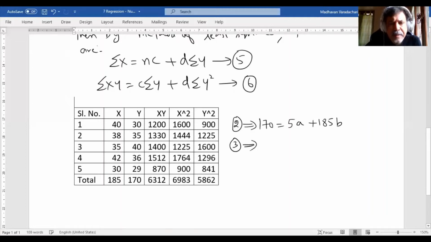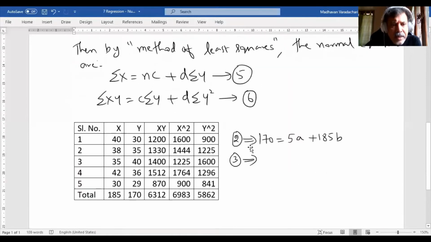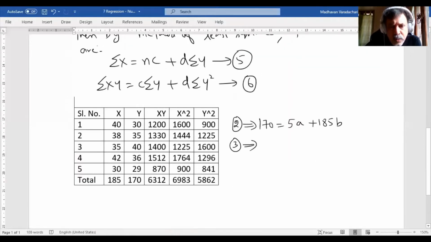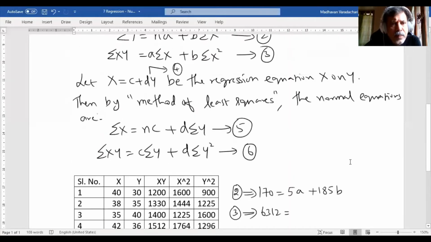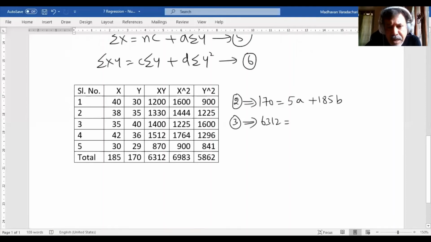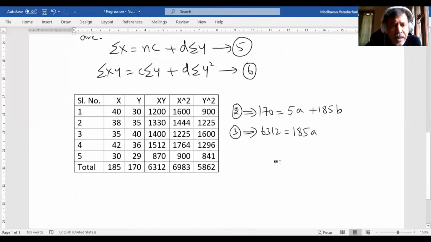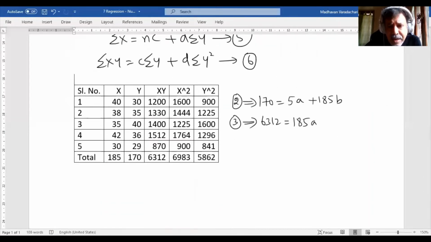Then the third equation is sum xy, which is 6312, is equal to a summation x. Summation x is 185, so 185 times a, plus b sum x square, which means 6983 times b. Now we need to solve the second and third equations.